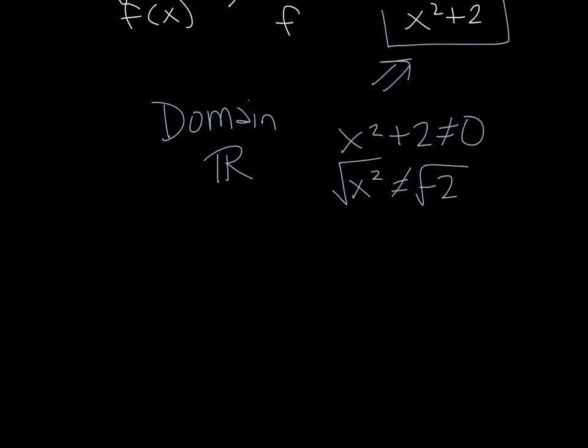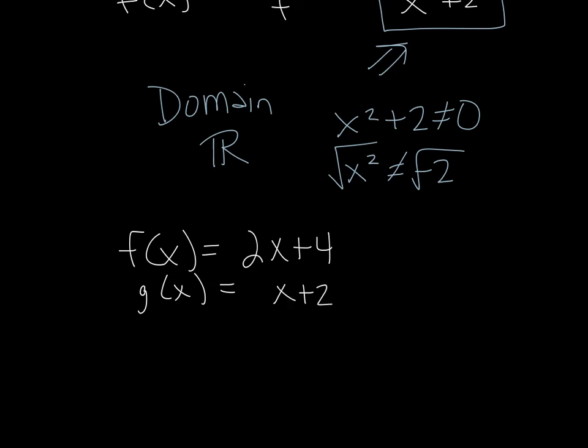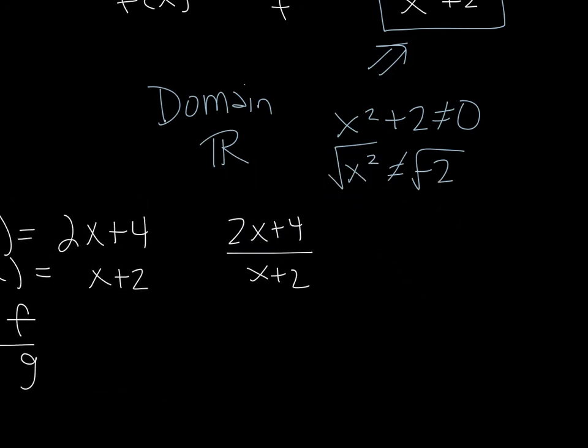An example where it wouldn't work is this one. Let's pretend that f of x equals 2x plus 4 and g of x equals x plus 2. To find f over g, you could do 2x plus 4 over x plus 2. Then you want to factor the top.